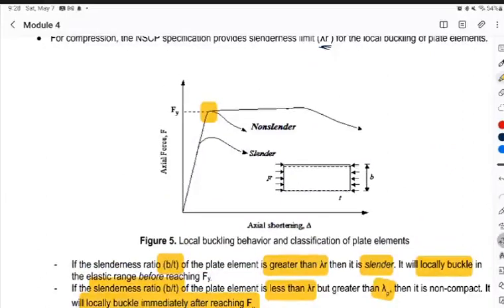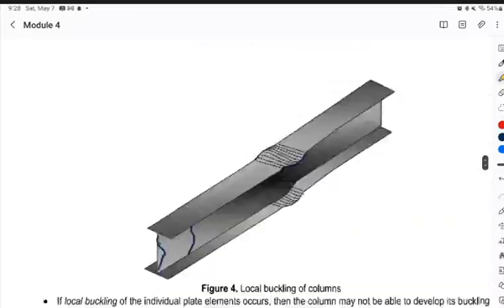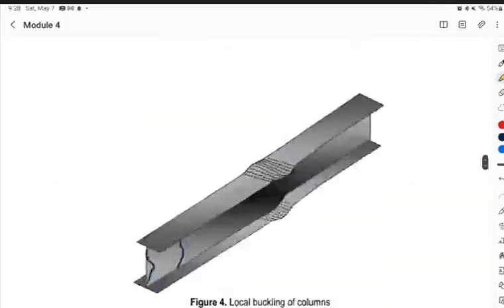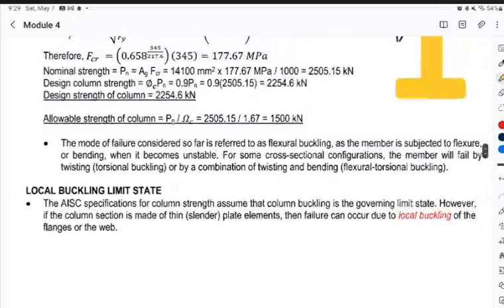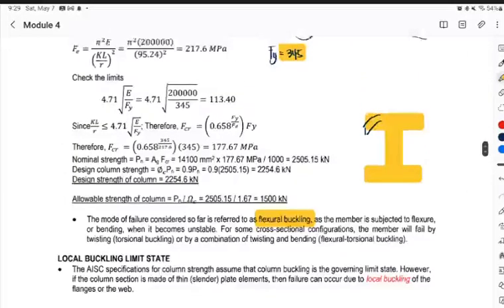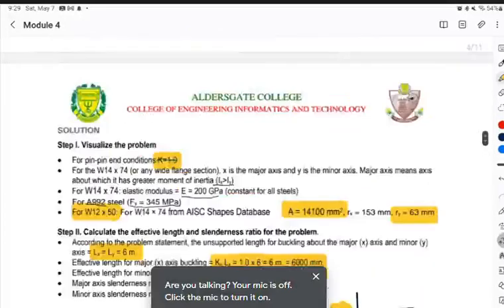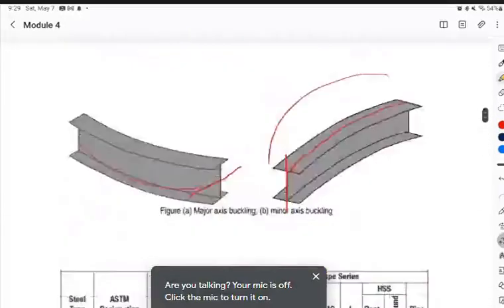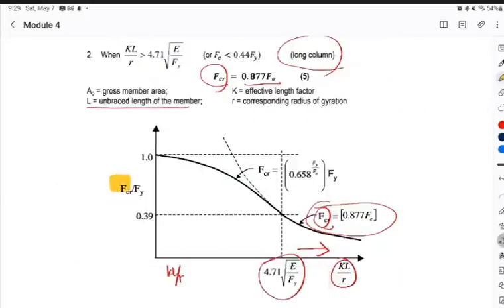Okay lang. Why? Because flexural buckling, nakalimutan ko yung tawag kanina. Flexural buckling naman ay mag-o-occur before pa ma-reach yung Fy. Diba? Saan ba yung graph natin kanina? Dito. Okay? Ito yung ratio ng Fcr over Fy.